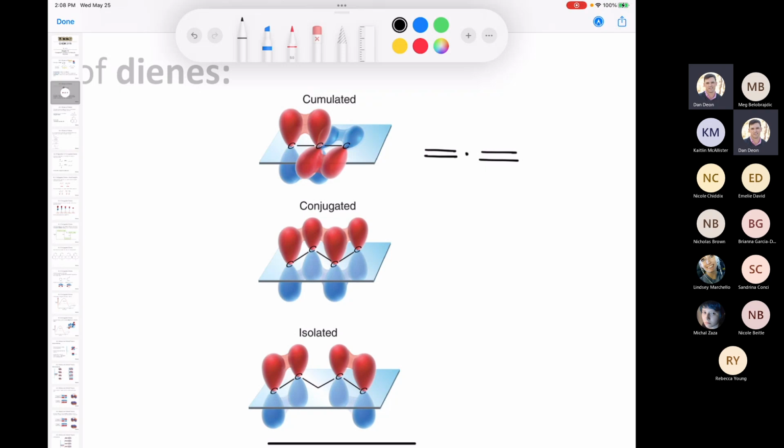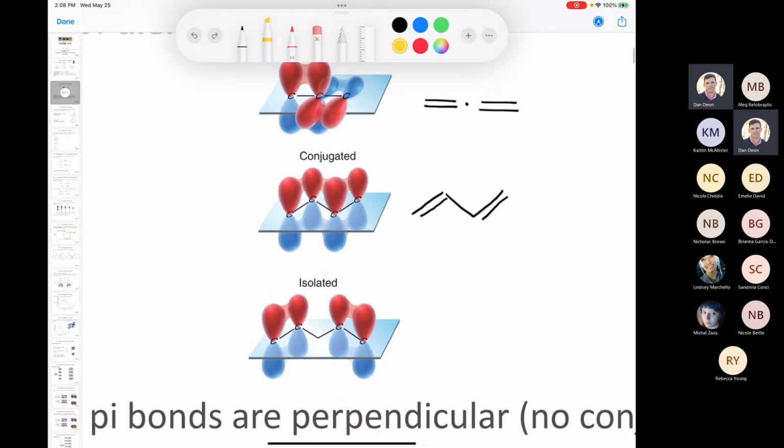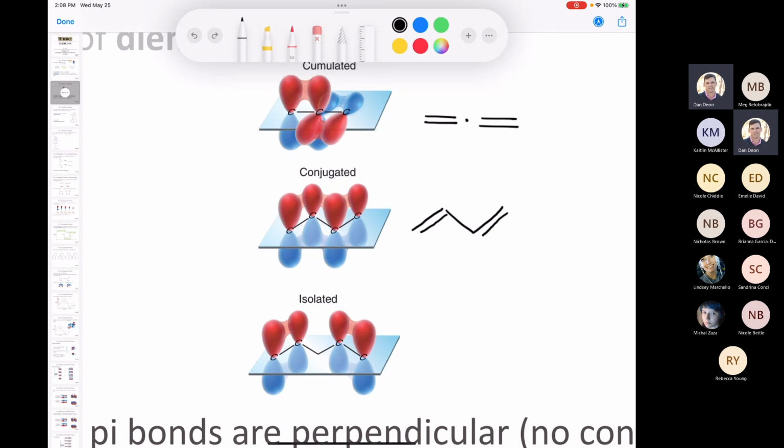And you can see that you do not have effective orbital overlap between the two pi bonds on that carbon in the middle, whereas when we have a conjugated system, like 1,3-butadiene, you have an unhybridized p orbital on each one of the carbons, and so you form an overlap between all four of those orbitals, which forms a conduit where all of those electrons can be delocalized across all four carbon atoms. And in isolated, you can see that the two double bonds don't interact with each other in any way. So that would be this type of thing like this.